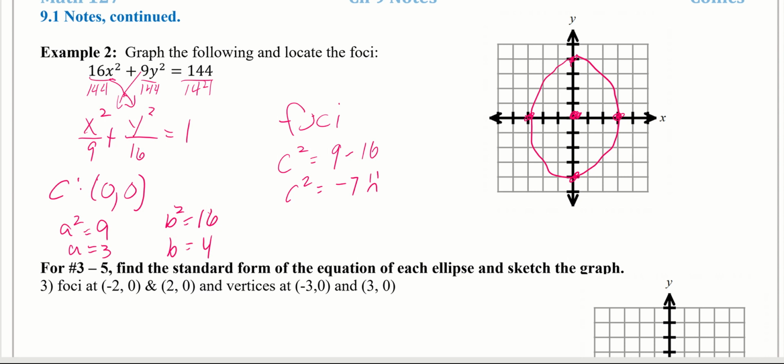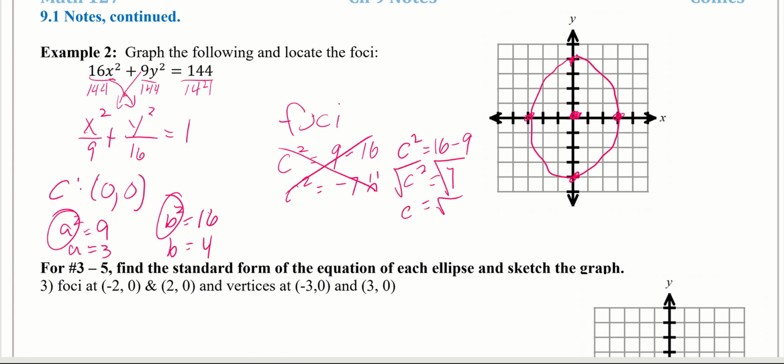Even though I labeled these a and b, they're important, but as long as you understand the concept with the foci, it's always going to be your major axis minus your minor. To me, that helps a lot more. It's always going to be your major minus your minor for ellipses, okay? And so this becomes 7, so square root of 7.